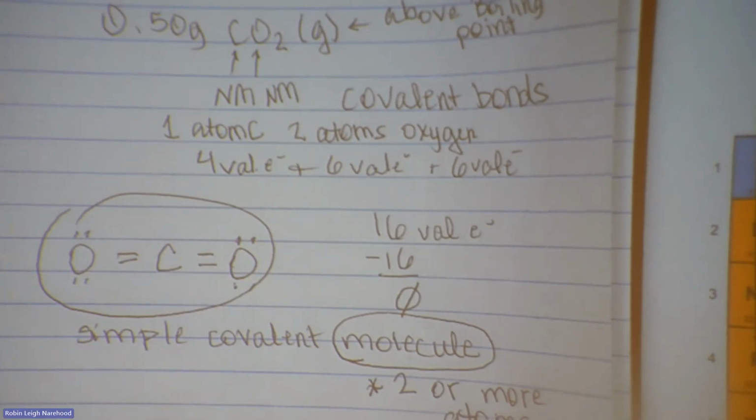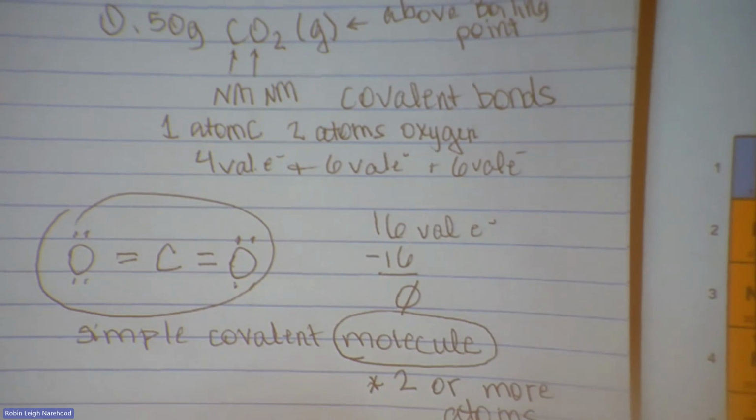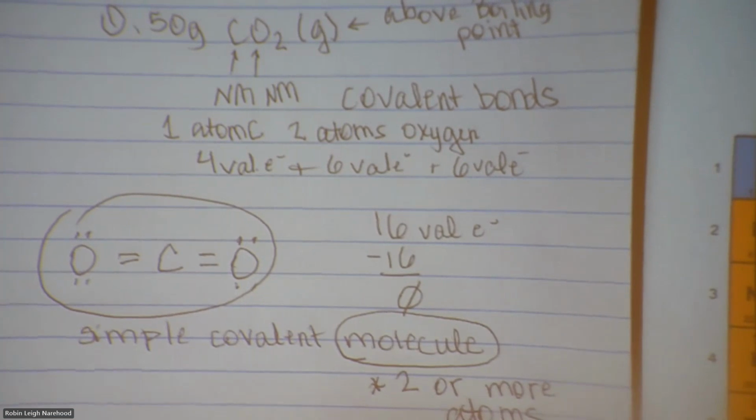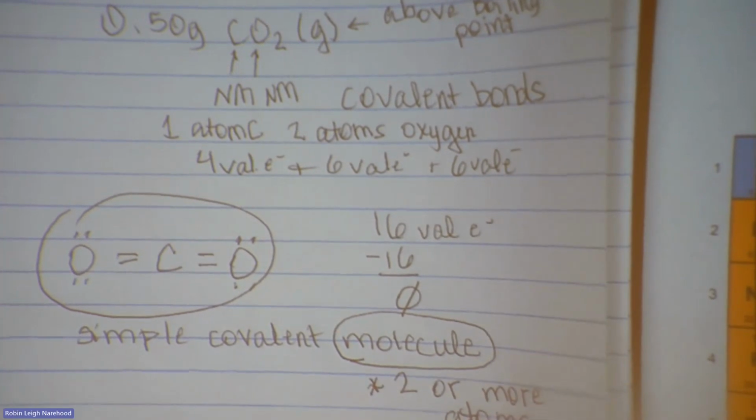Why does there need to be 2 or more? Because there has to be a covalent bond. So that eliminates ionic and metallic. They're not molecules.